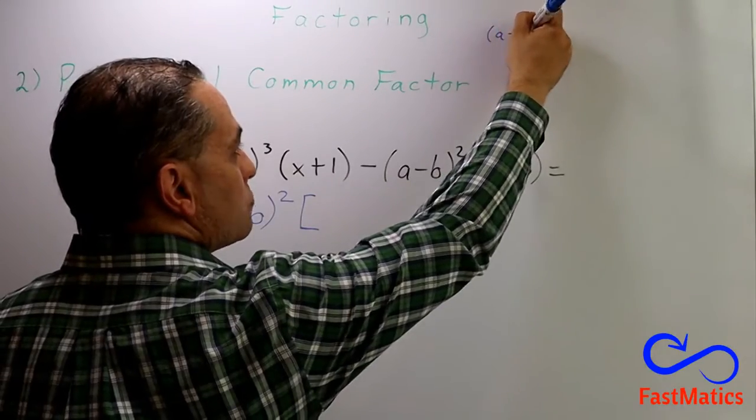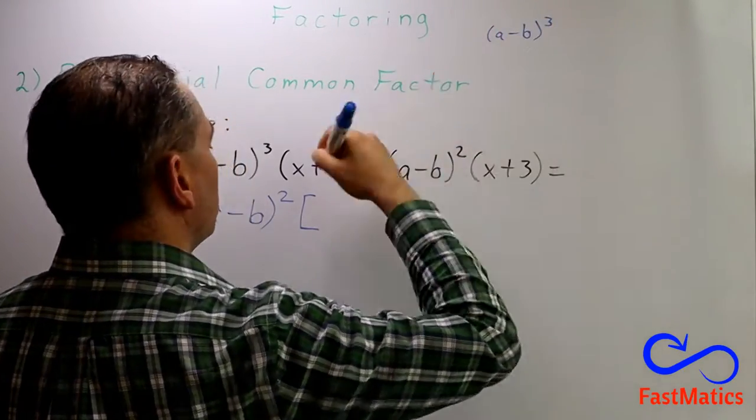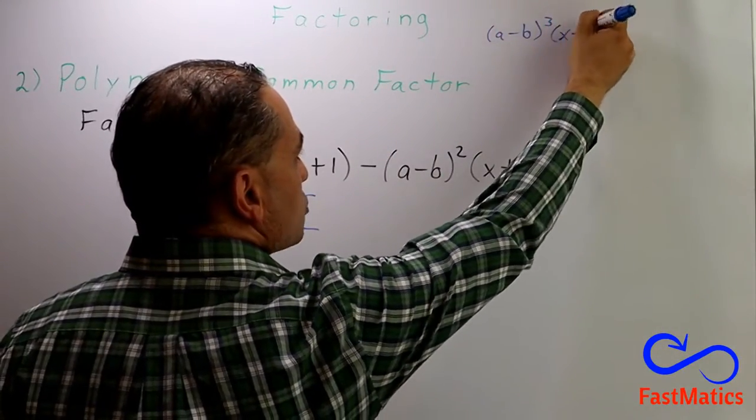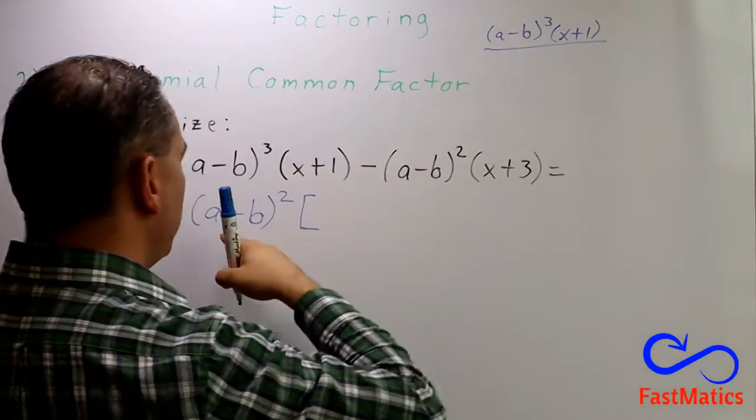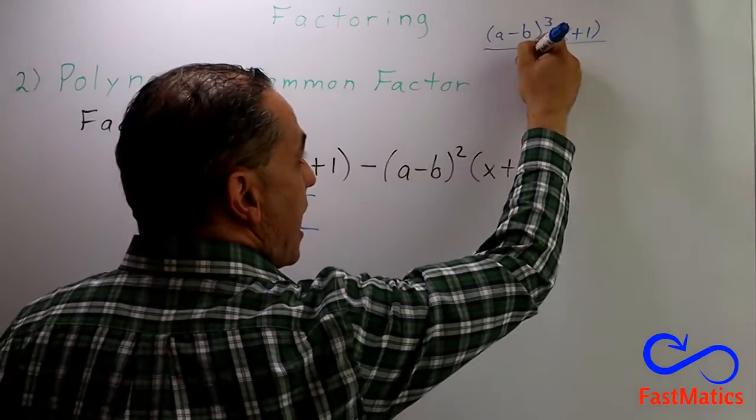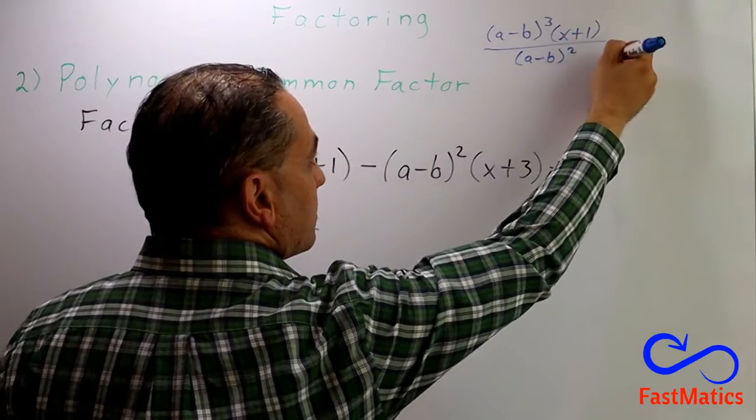(a minus b) cubed times (x plus 1) divided by the common factor (a minus b) squared.